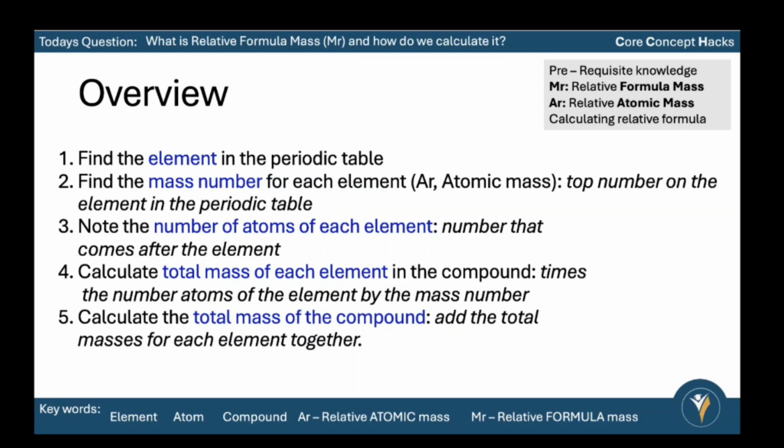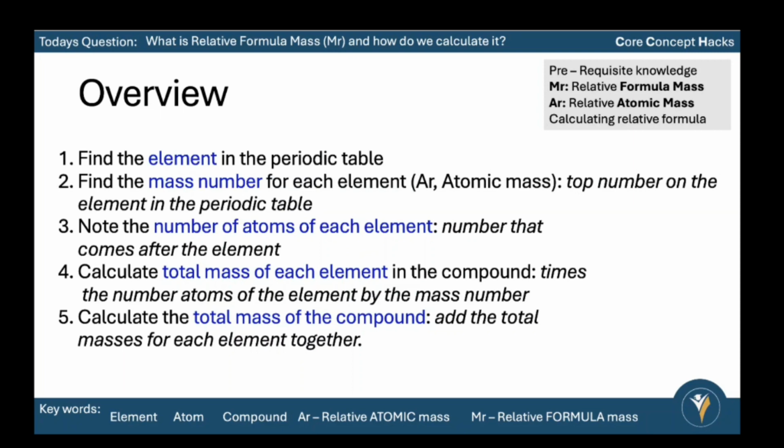So the first thing you do is you have to identify the element, and you can use the periodic table for this. Then you find the mass number of each element. That's the atomic mass. That's the top number of the element in the periodic table.